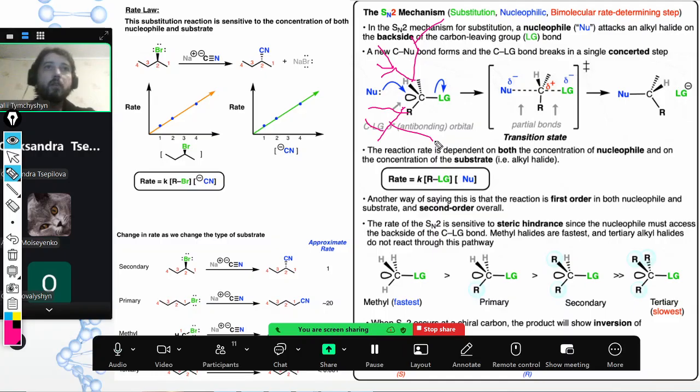Think of this as a reaction where two molecules should hit each other, and moreover they should hit in a certain way, placing the electrons on this anti-bonding orbital. Is it easier or not to get to this point?